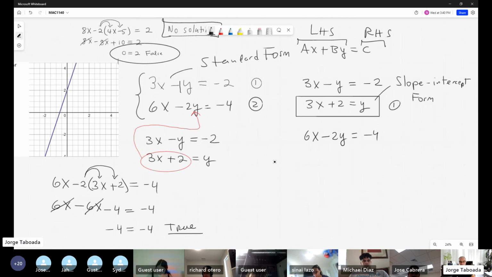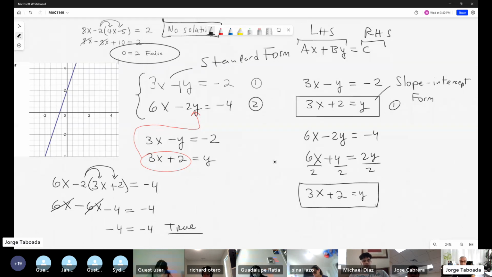Okay, let me try to do my best. 6x, bring down, plus 4 equal to 2y. Divided by 2 because I want y alone. Isolate y. 6 divided by 2 is 3x. And 4 divided by 2 is 2. And 2y divided by 2 is y. So we get this. And when you compare this equation and this equation, it's the same line.